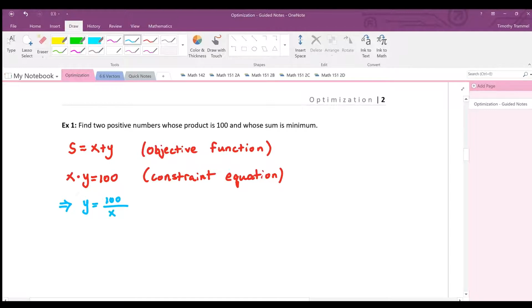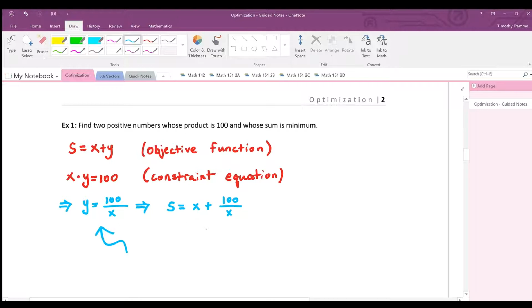All right, there's a good start. Next, we'll take this and we'll plug this into the objective function. So s is going to be equal to x plus 100 over x. Okay. Now, how do we solve this equation here for x instead of y?